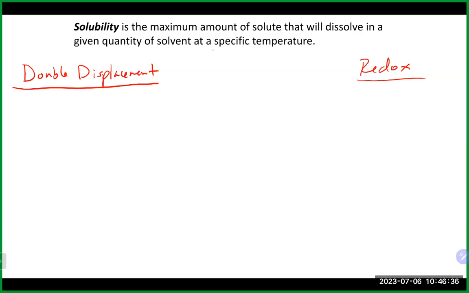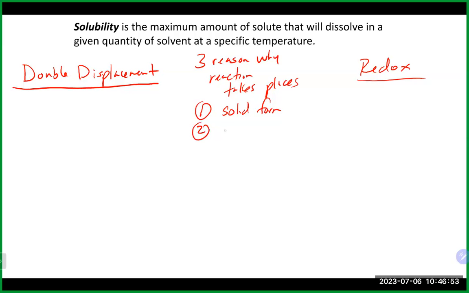Now, there's really three reasons why a reaction takes place. The three reasons why a reaction takes place are for a solid to form, or a precipitate, the formation of water, and the third one is an electron transfer.